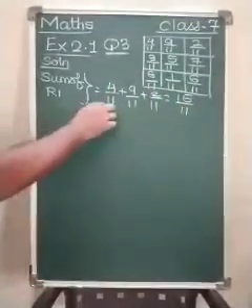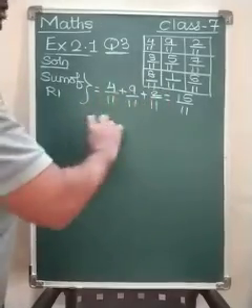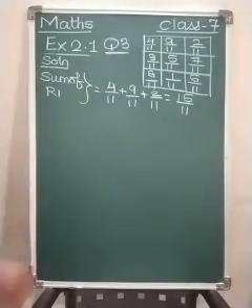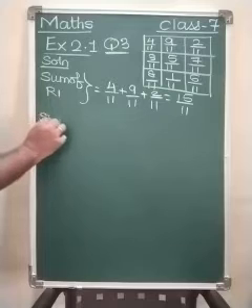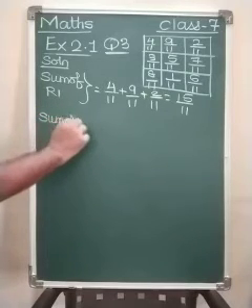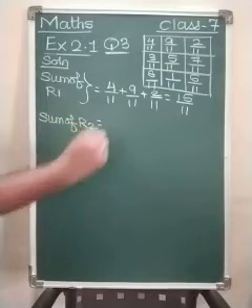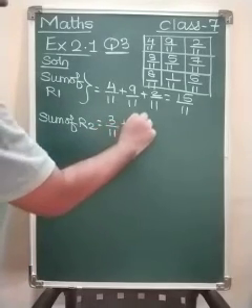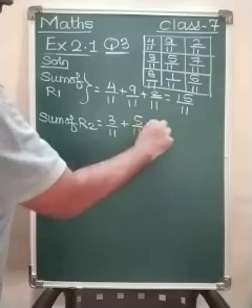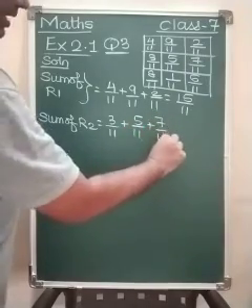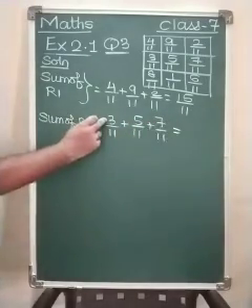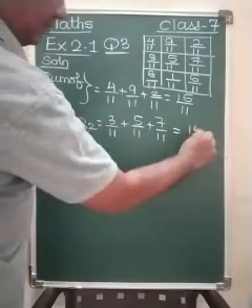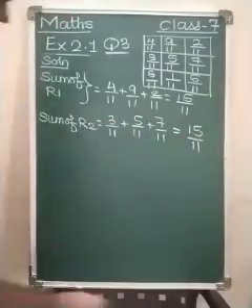Now since the denominators are equal, these are like fractions, so we can directly add the numerators. Second, sum of R2 equals to 3 upon 11 plus 5 upon 11 plus 7 upon 11. So this equals to 7 plus 3, 10, 10 plus 5, 15, 15 upon 11.